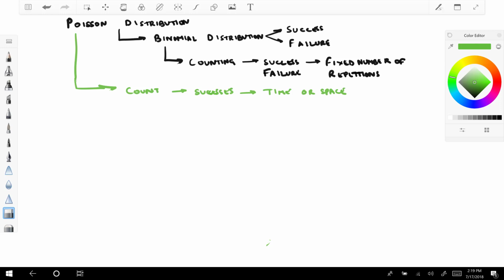So we are using time and space to count the number of successes. An example would be the number of people arriving at an ATM in a given hour.